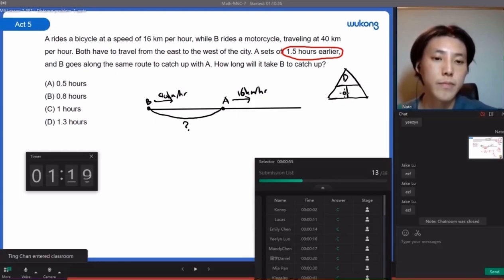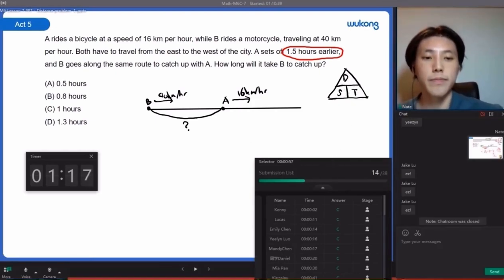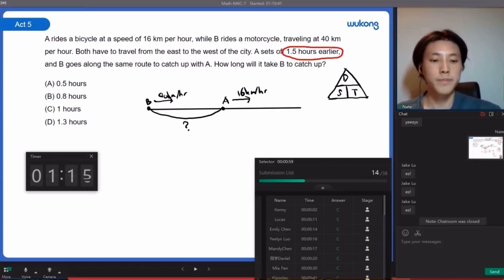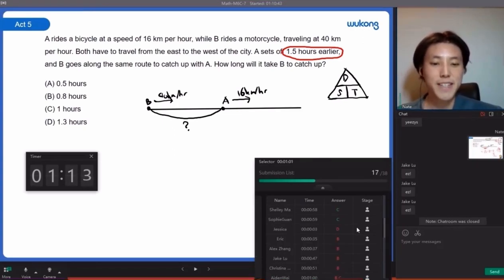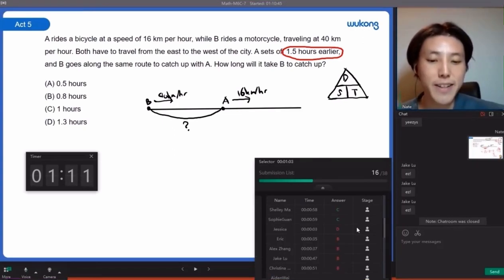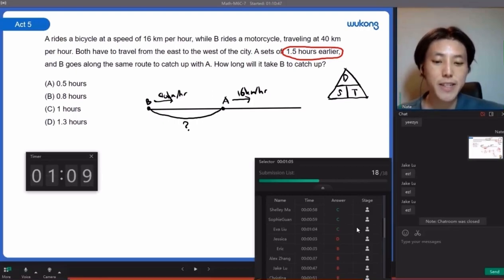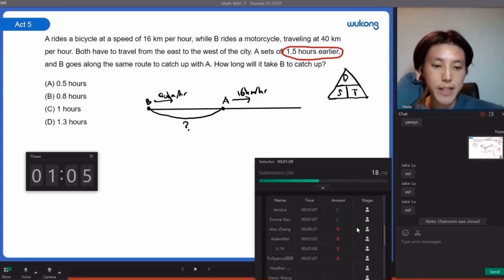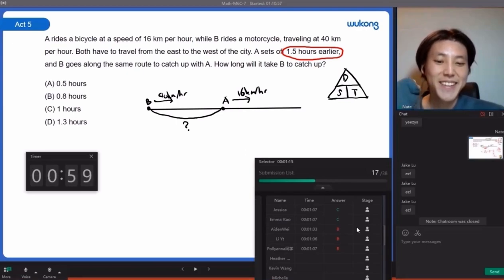Very good, guys. Jess, Eric, Alex, Jay, Christina, Aiden, could you guys please double check? I think there was a calculation error. Pollyanna, Lee, could you please double check as well?